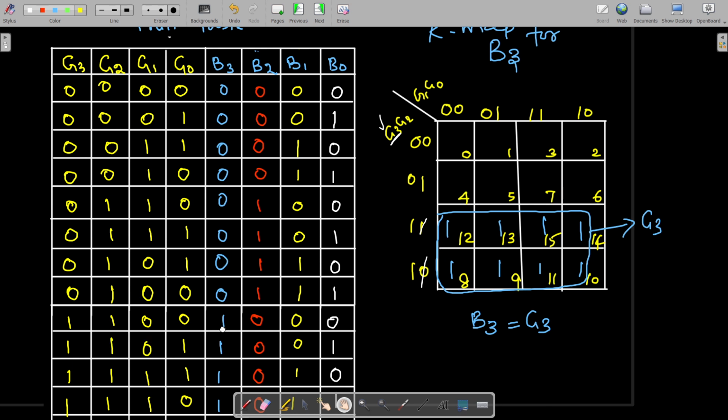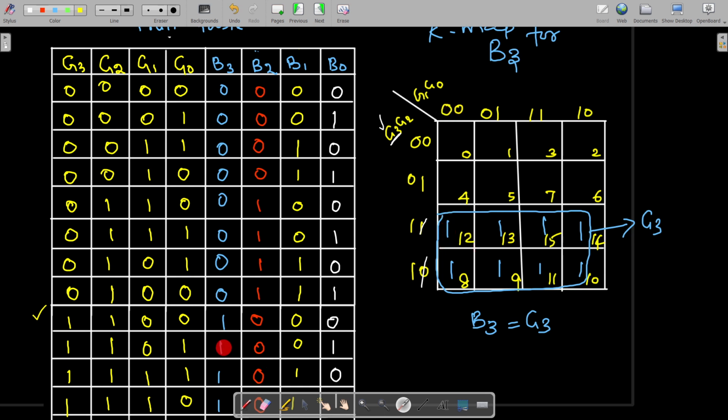See here, it is 1 here. That one corresponds to the input combination 1100. So you have to look here at 11, this 00 here. This 11 and then 00 corresponds to this 12th cell.